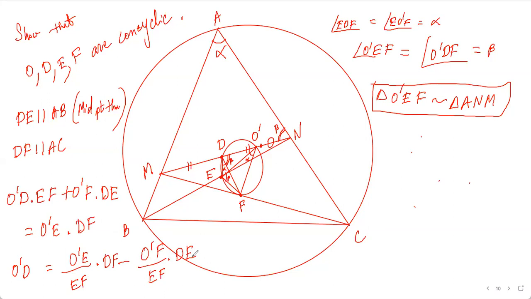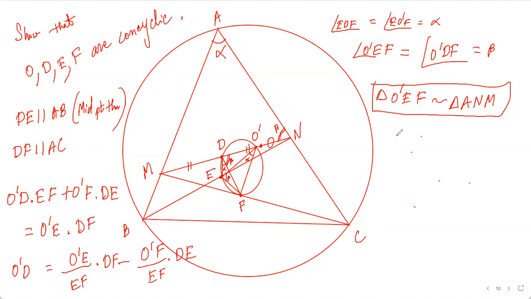Now I need O dash E by EF and O dash F by EF. So I'm going to use these two triangles, which I have already proved to be similar.